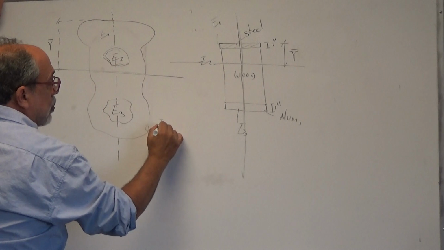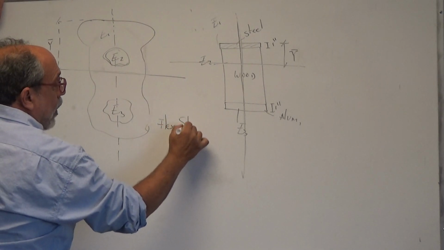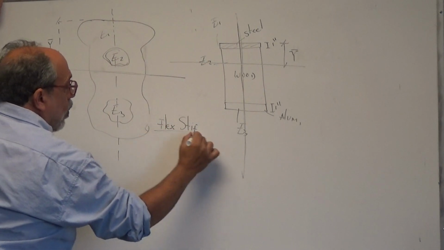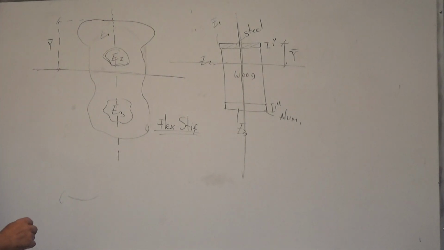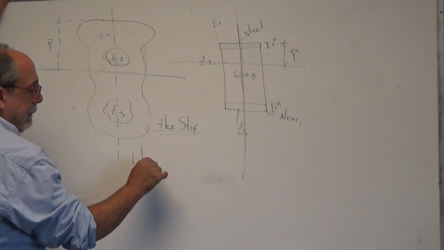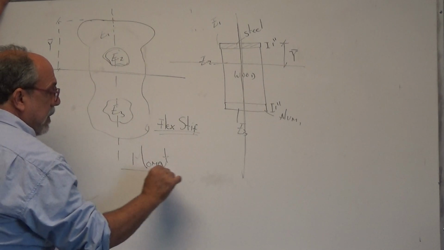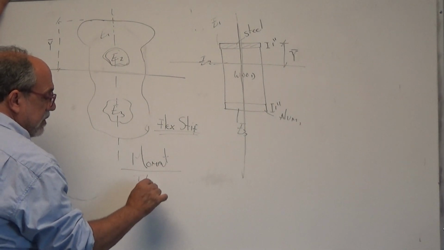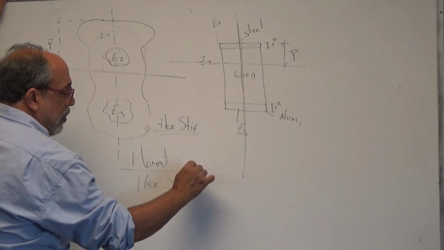Now, once you have that situation, you do your table, and you have your y bar, and you have your flexural stiffness, right? Once you have your flexural stiffness, the process is very systematic. You take your moment, you divide it by your flexural stiffness, and that is your curvature.